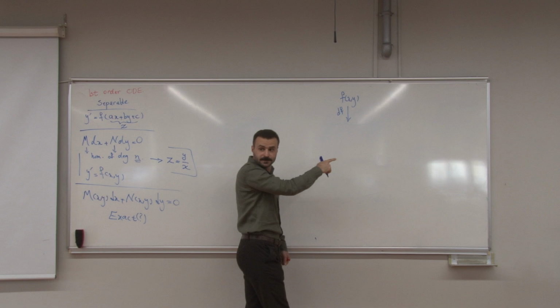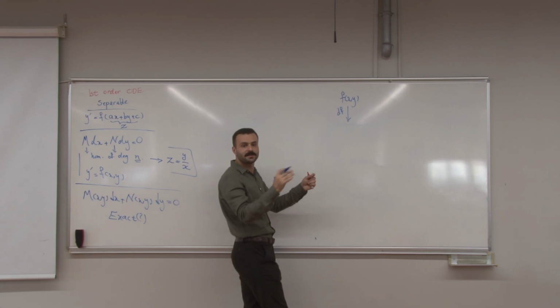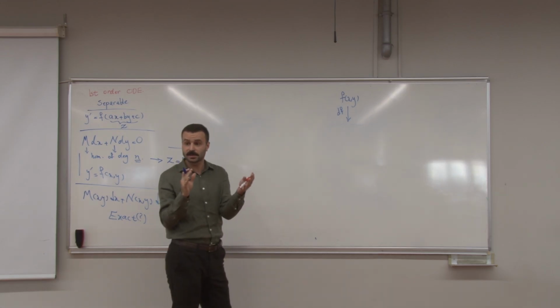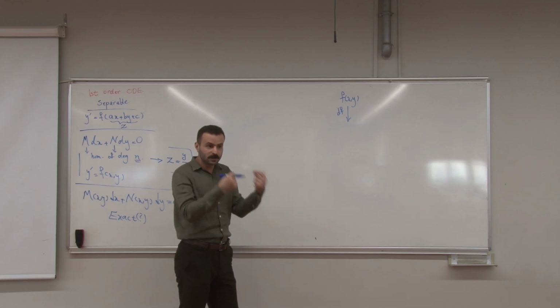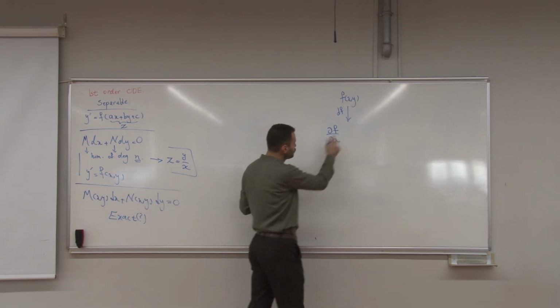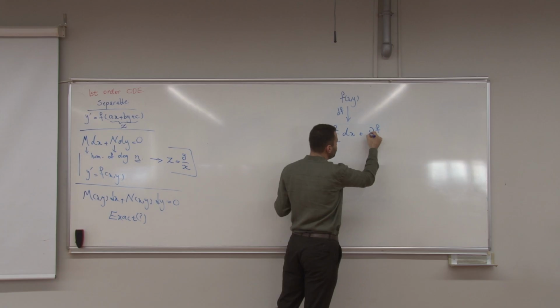Partial derivative of f with respect to x, and when we are doing partial derivatives, we are assuming that y is not a function of x. X and y are completely independent variables when we are calculating partial derivatives. So this is going to be the partial derivative of f with respect to x times dx plus the partial derivative of f with respect to y times dy.